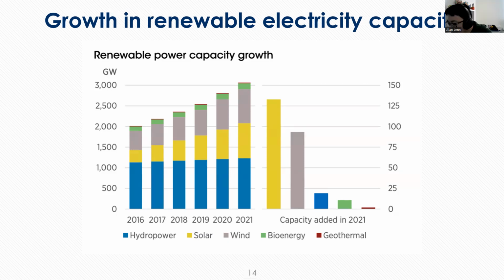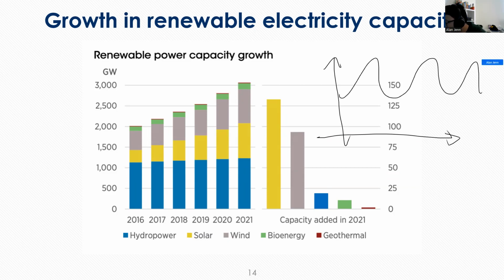If you have demand that looks something like this, and this is 1 day, 2 days, so this is power and time.